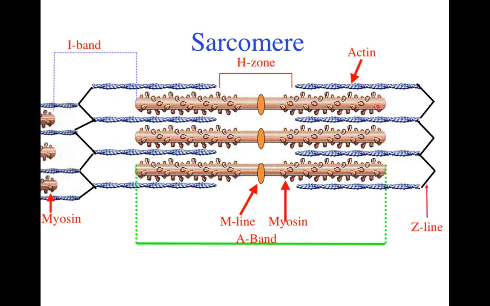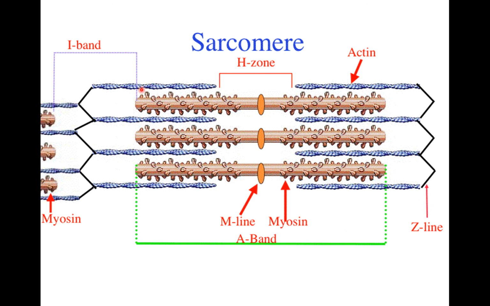We do have regions of a sarcomere. For example, the length of an entire myosin from here across to here, so this whole length, is called the A band. It is the length of a thick filament. The open space between the thin filaments of actin is called the H-zone. The zigzag lines are called Z-lines.